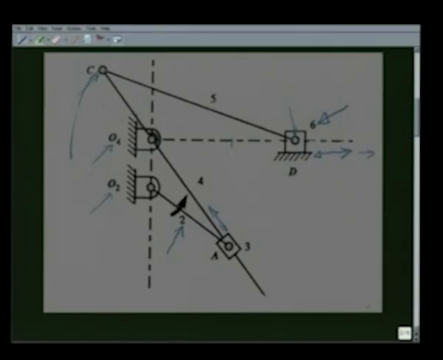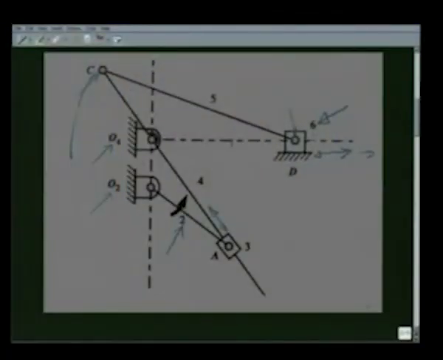And the stroke length of the tool is obviously equal to twice O4C, because the maximum distance is O4C plus CD and the minimum distance is CD minus O4C. So, the total movement of the tool is given by twice O4C. That is, the stroke length is changed by changing the length O4C. No change is made in the length O2A. Whereas, as we shall see, the quick return ratio will be entirely decided by the link length O2A, the position of O2 and the position of this horizontal line.